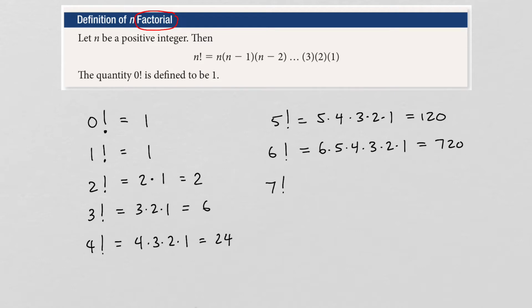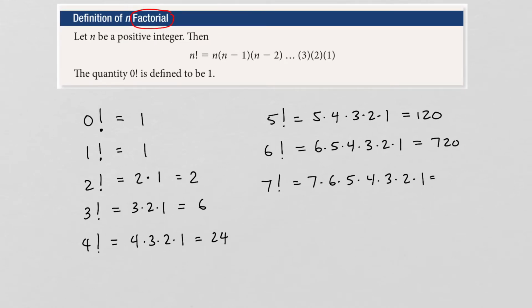And finally, 7 factorial would be 7 times 6 times 5 times 4 times 3 times 2 times 1. And this number turns out to be 5,040. So a couple of things. Getting factorials is a pretty easy process once you get used to the idea. And the other thing is they get pretty big pretty fast.